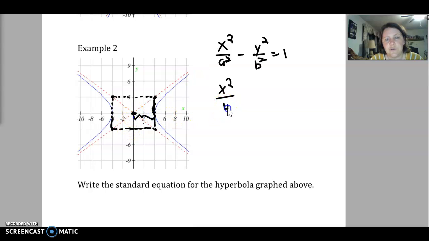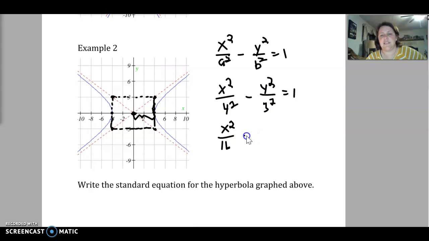So a distance of 4 squared minus y squared over, that is 3. So the distance from the center up to that guide rectangle is 3 squared. You can enter it like that, or you can enter x squared over 16 minus y squared over 9 equals 1. Okay, let's start looking at some that are not centered at 0, 0.